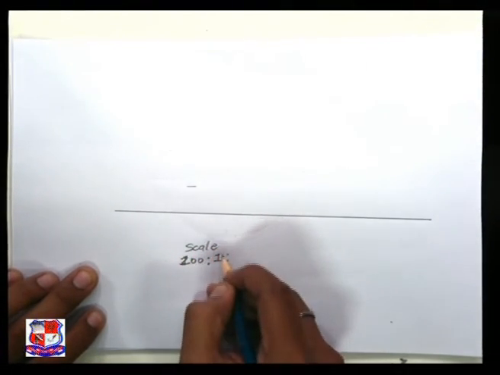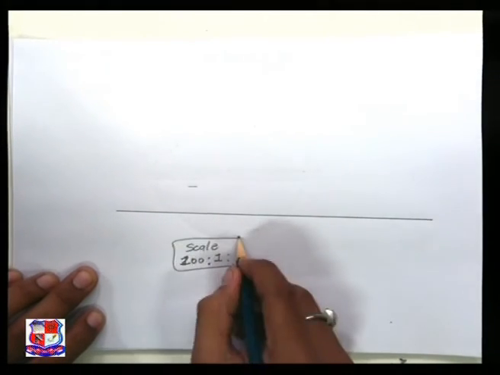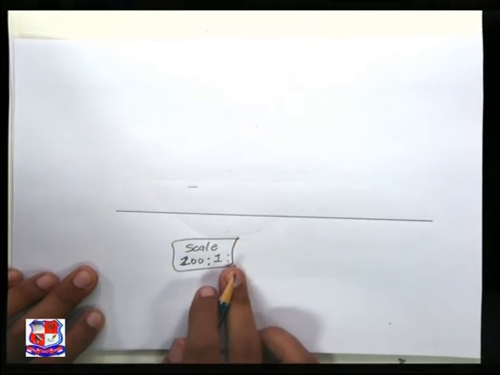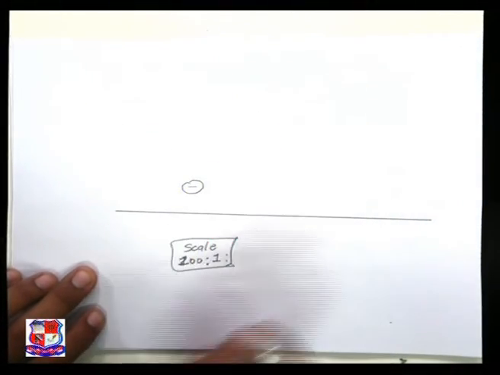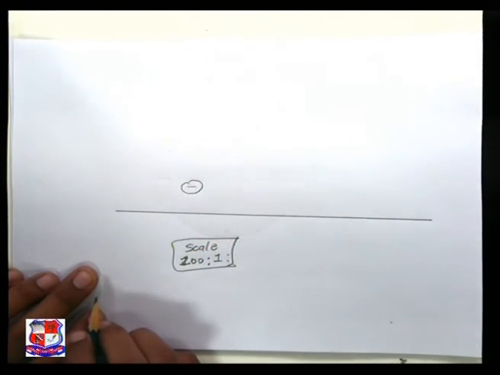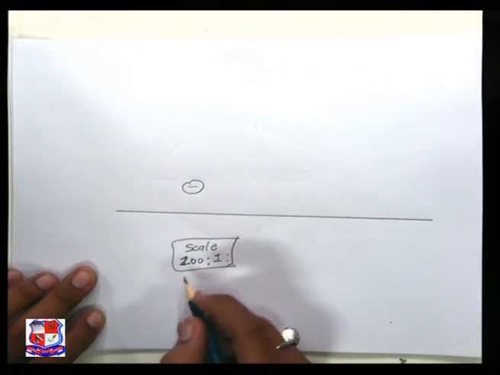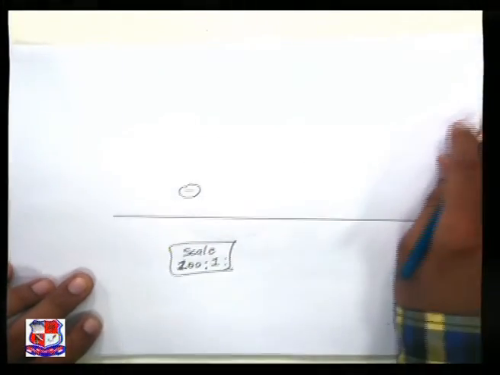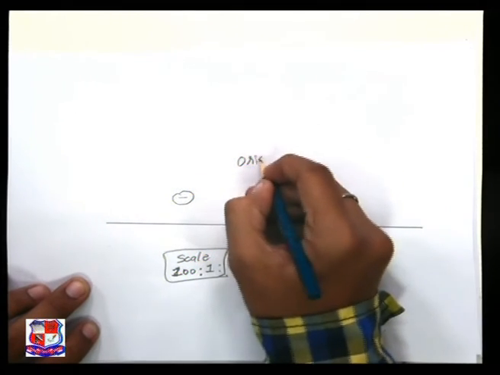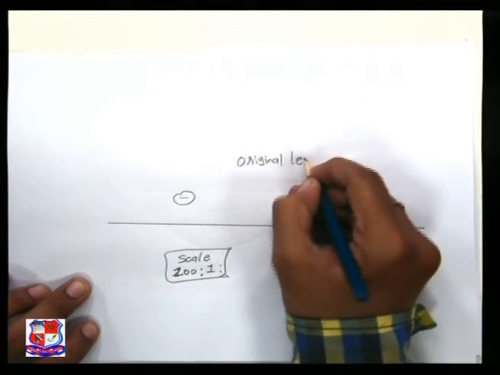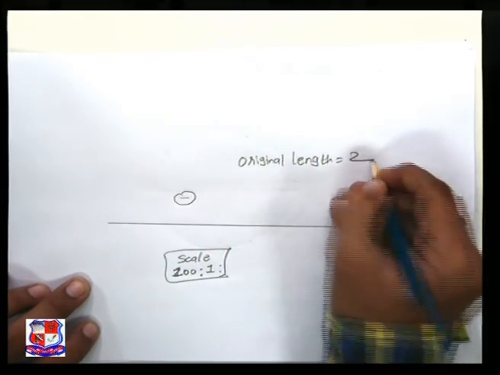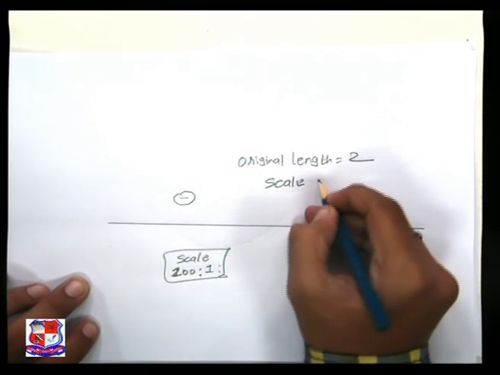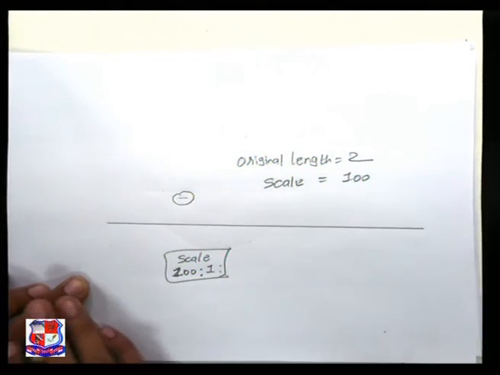Now why 100 is to 1? What is the 100 is to 1? The 1 is our 2 mm line, that is the original. What I have done is enlarged it 100 times, which means the original length was 2 mm and the scale taken is 100.